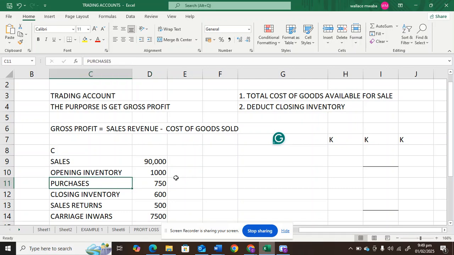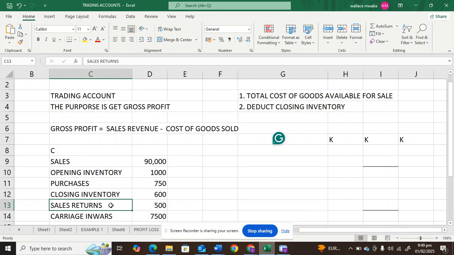Purchases, this is how much we paid to get new goods, goods for resale. Closing inventory, as I said, is the goods you have in stock at the end of the year. Then when the year begins, they become your opening inventory. Sales returns, when customers bring back goods to you.